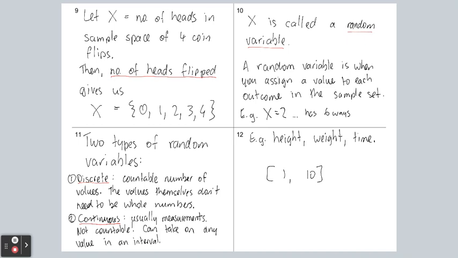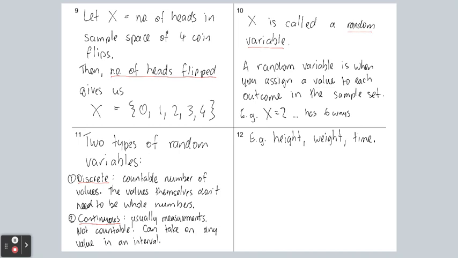So between 1 and 10 is 5. Between 1 and 5 is 2 3/4. Between 2 3/4 and 5 is 4 1/5, etc. I was just making those numbers up a bit, but you get the idea. You can always find something in between. And so it's continuous rather than being discrete. You can't count every single number between 1 and 10 unless they were specifically whole numbers.